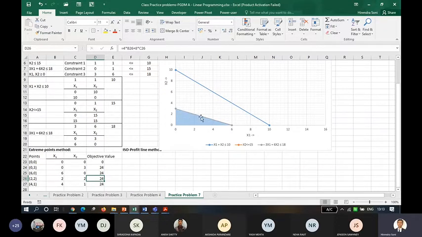That means the highest values are all coming on this line. Fine. So that indicates that there are multiple optimal solutions possible if the operating point lies on this line.